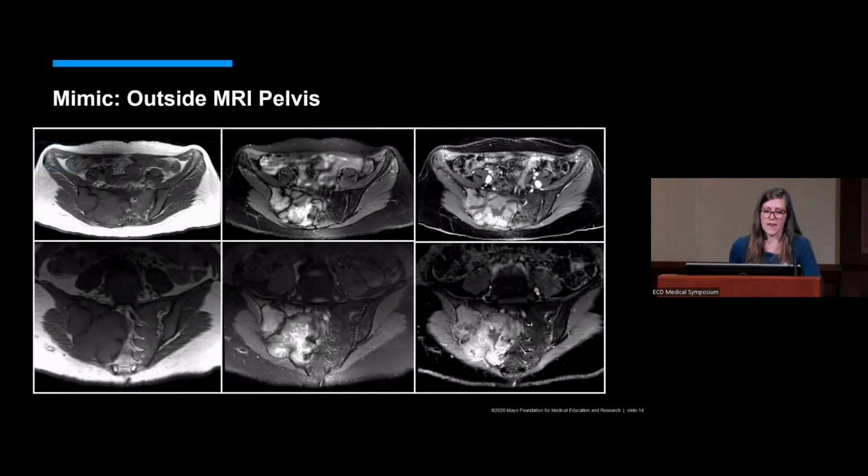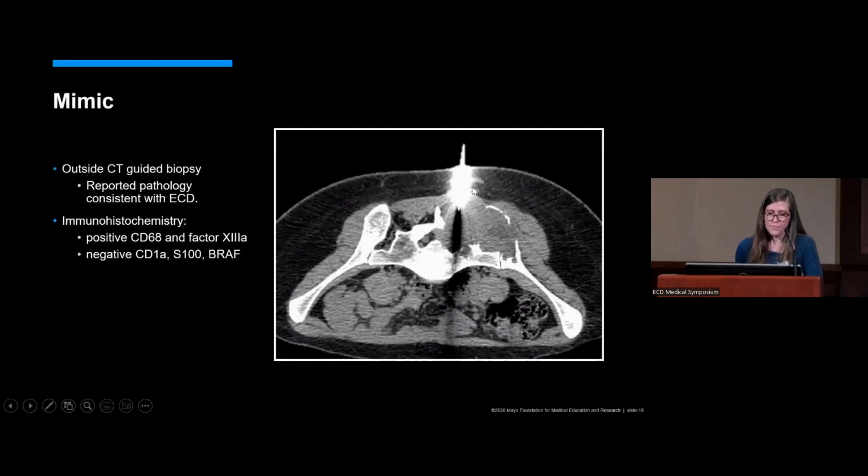Here are some of her outside MRI images, where you can see the lesion centered in the right sacrum, but it also involves the right iliac bone as well. She underwent an outside CT guided biopsy, and the outside report said it was consistent with ECD. It was positive for CD68 and factor 13A, and negative for BRAF.